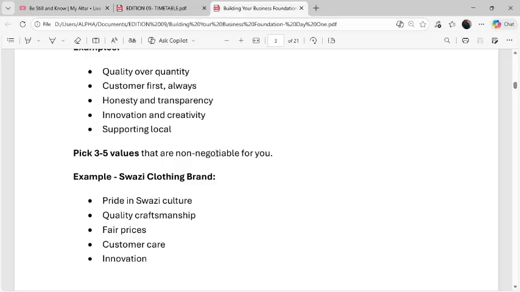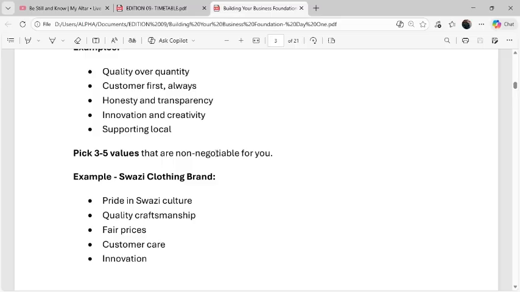Now, supporting local has become something that has been recognized in the country and in other countries, because if you support local businesses, it means that you are making sure that the money, the currency, revolves around that country.